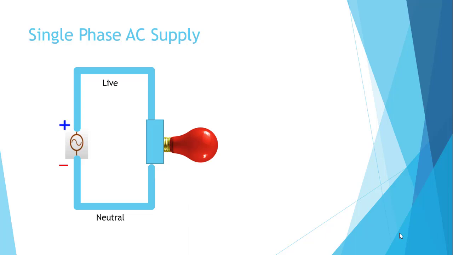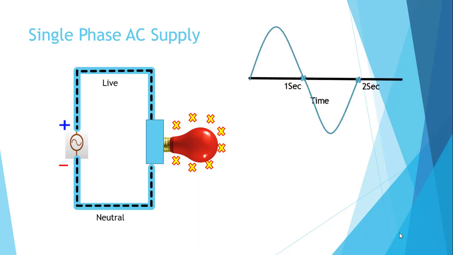The path in the circuit from where the current flows from the positive terminal to the bulb is called a live wire, and the path from where the current flows back from the bulb to the negative terminal is called the neutral path. If you remember the graph of the AC wave, it is like a sinusoidal wave.